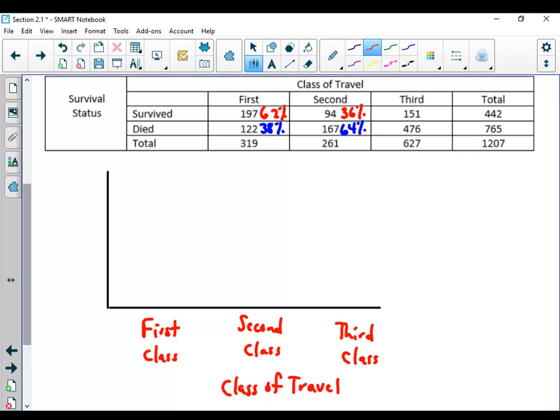And then finally, we have the third class, so 151 out of 627. That's 24%, and that'll leave you with 76%.